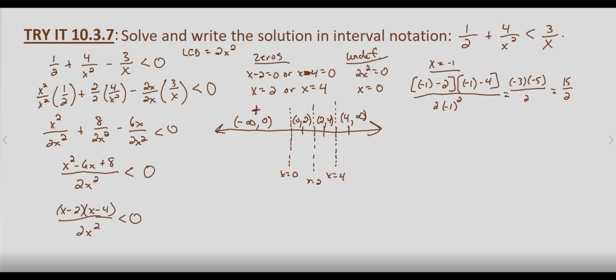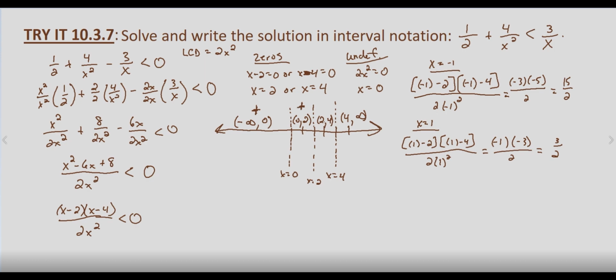Now in our next interval, 0 to 2, I will pick x equals 1. When we substitute that in, we get 1 minus 2 times 1 minus 4 over 2 times 1 squared, which gives us negative 1 times negative 3 over 2 times 1 is 2. That equals 3 halves. So that's positive as well, so that's not going to work.